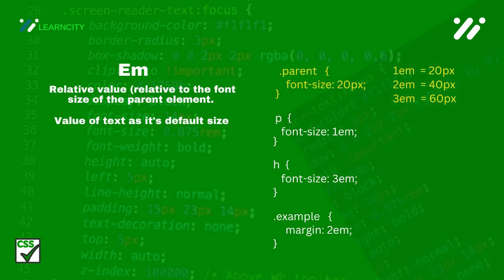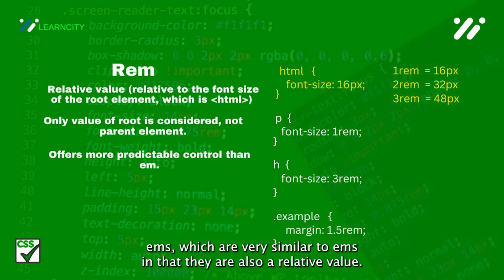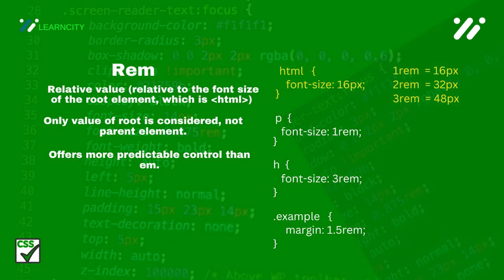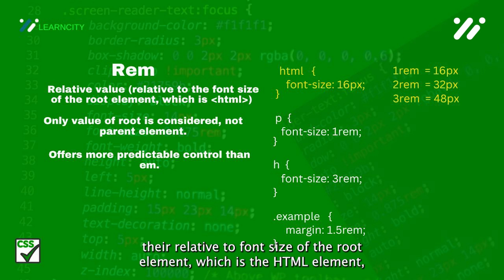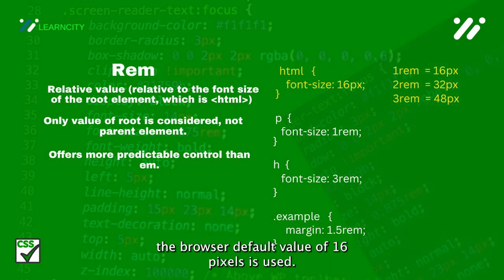Next up, we have rems or root ems, which are very similar to ems in that they are also a relative value. But instead of being relative to the value of their parent element, they're relative to the font size of the root element, which is the HTML element. And if the HTML element doesn't have a specified font size, the browser default value of 16 pixels is used.